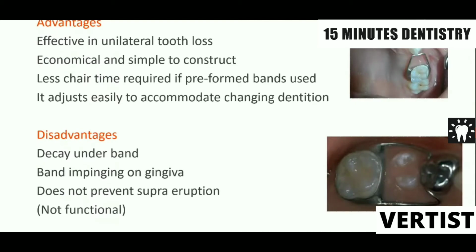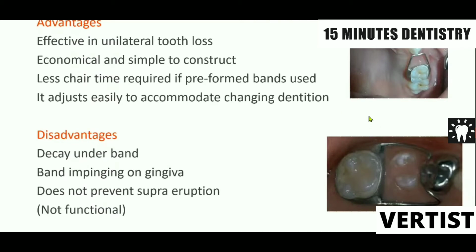The first and foremost disadvantage is decay or caries under the bands. Then the band might impinge on the gingiva. And third, just because the space maintenance is not functional, it does not prevent any supra-eruption of the opposite tooth. So these are the advantages and disadvantages of band and loop space maintenance.